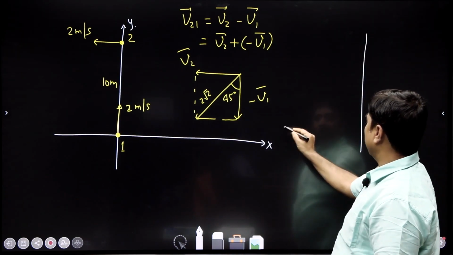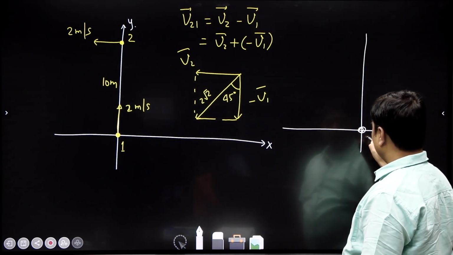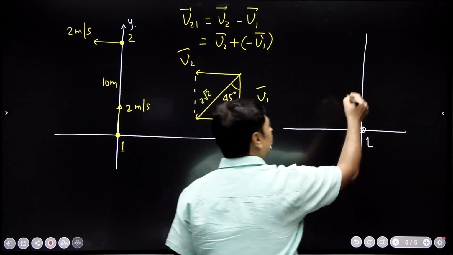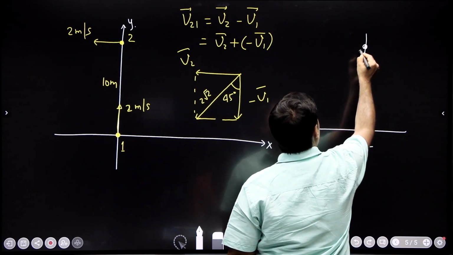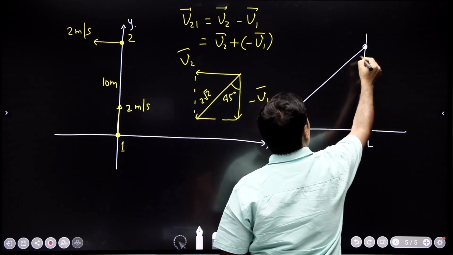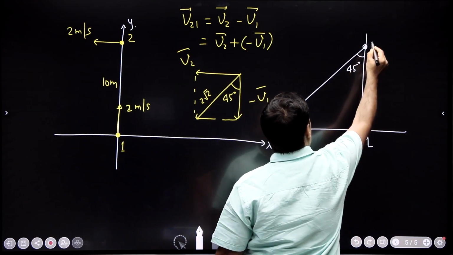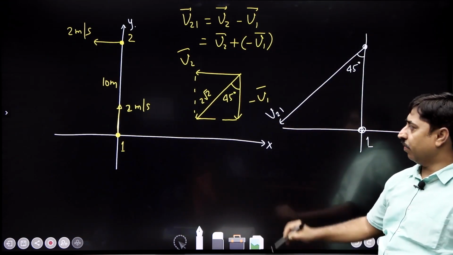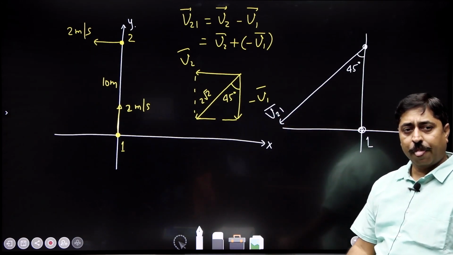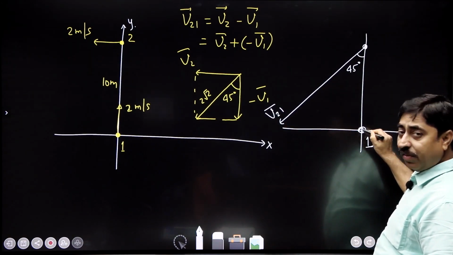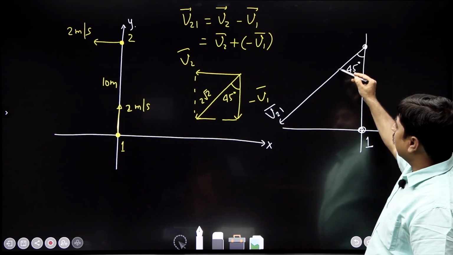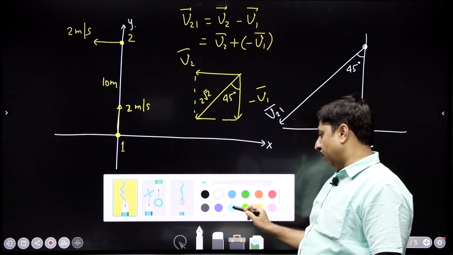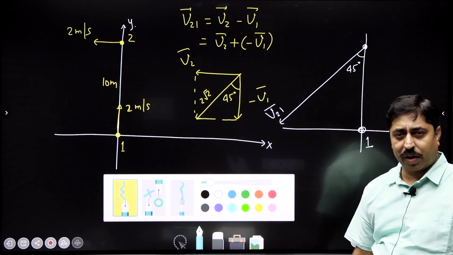So, in this reference frame, particle 1 is not moving, but particle 2 is actually moving in this direction, making an angle of 45 degree like this. Can you see that? This is velocity of 2 relative to 1. So, in this reference frame, this is at rest and this is traveling at a constant velocity of 2 root 2 in this direction. So, obviously, what is the smallest distance between these two particles?